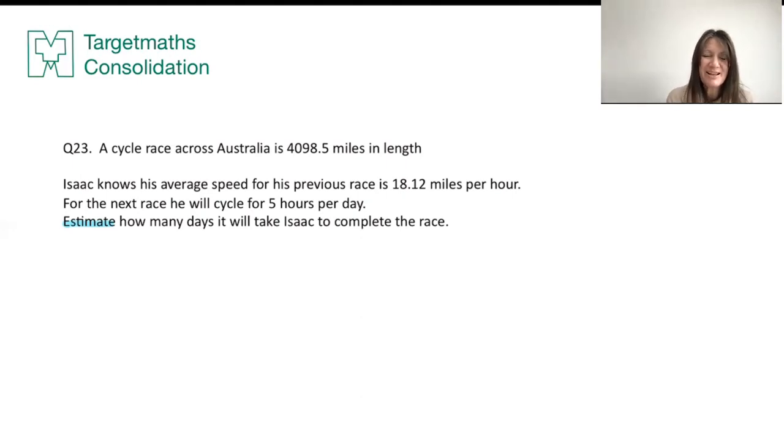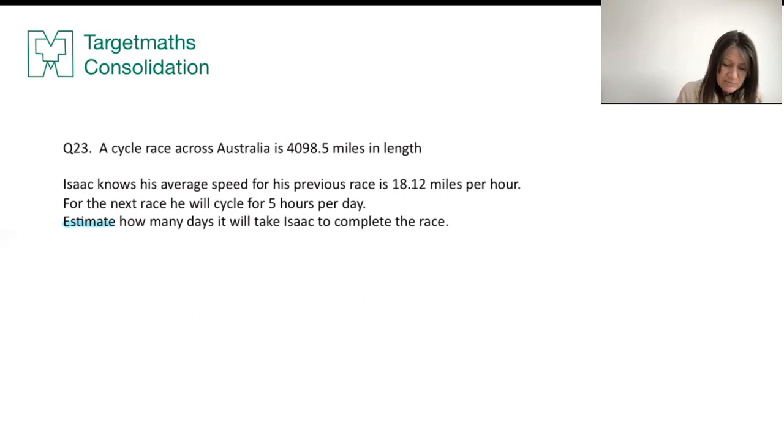So we're in a cycle race across Australia that is very, very long. He knows his average speed for his previous race was 18.12 miles per hour. And for the next race, he will cycle for 5 hours every day. And we're trying to get an idea of how long it's going to take him.